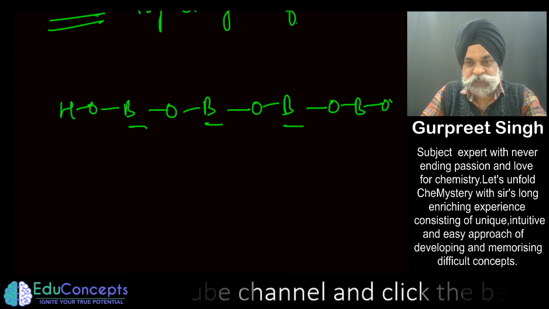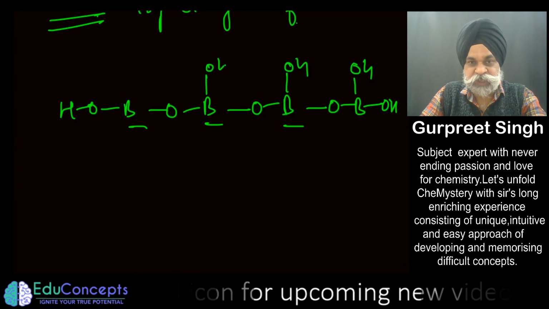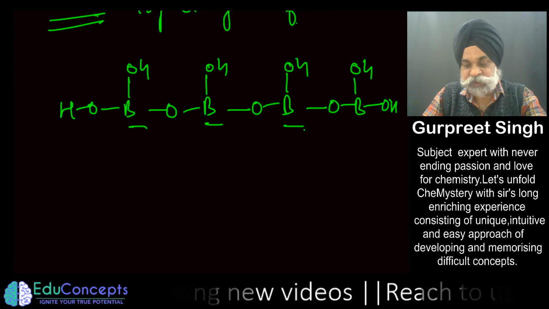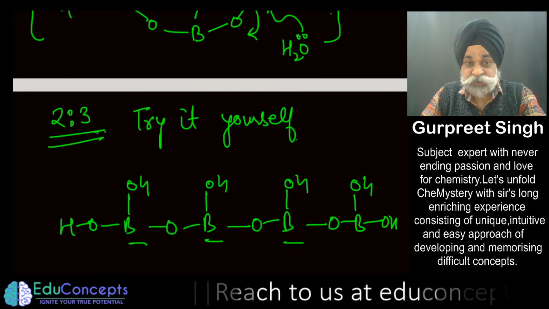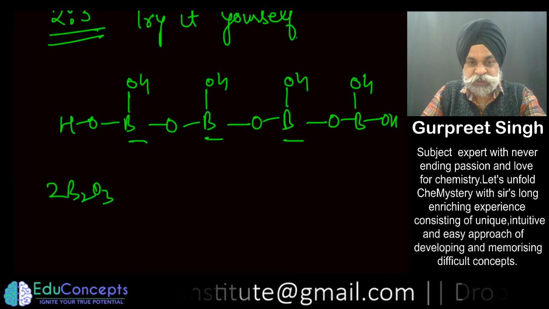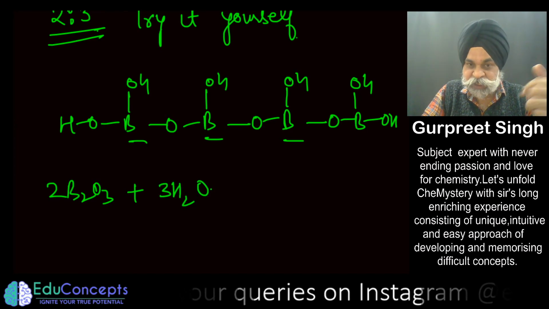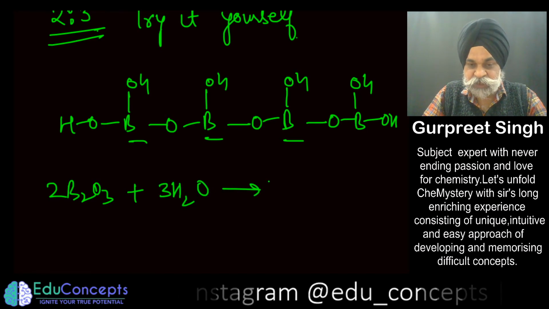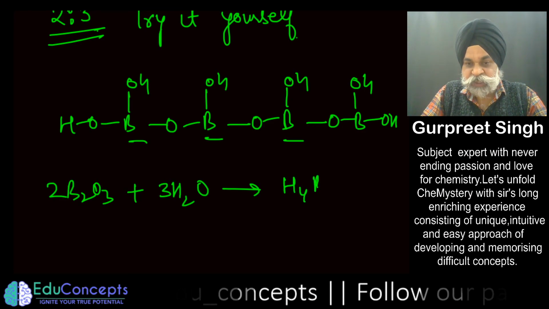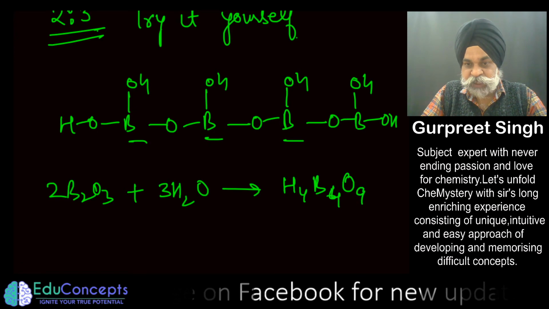So I'm leaving you with a question. Hope you would try this at your place and you end up getting this as a result when you treat it in the 2 to 3 ratio. B2O3 2 moles, and 3 waters: 1 water I have already used. So again you are going to place 2 waters to get this molecule B4O9.